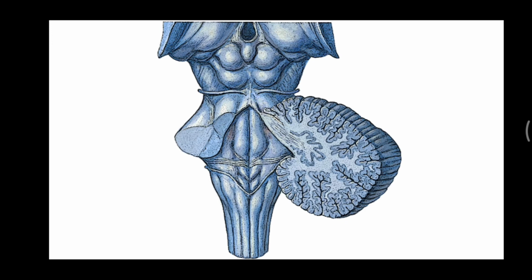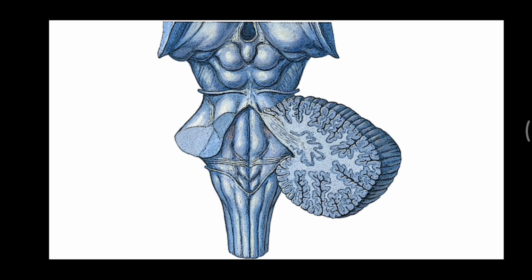The inferior cerebellar peduncle, that is over here, is a cut section of the inferior cerebellar peduncle. They incline backwards before reaching the cerebellum, in between the middle cerebellar peduncle laterally and the superior cerebellar peduncle rostromedially.